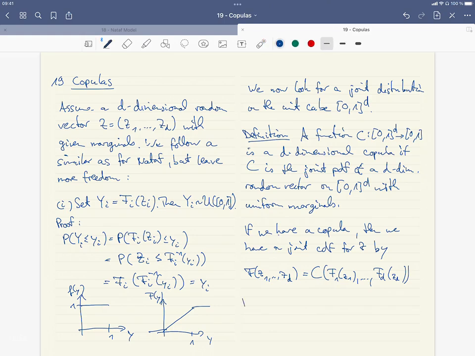By construction, this preserves the marginals.